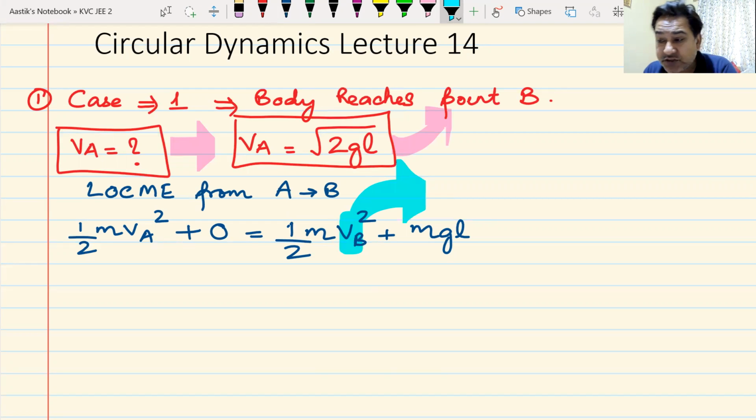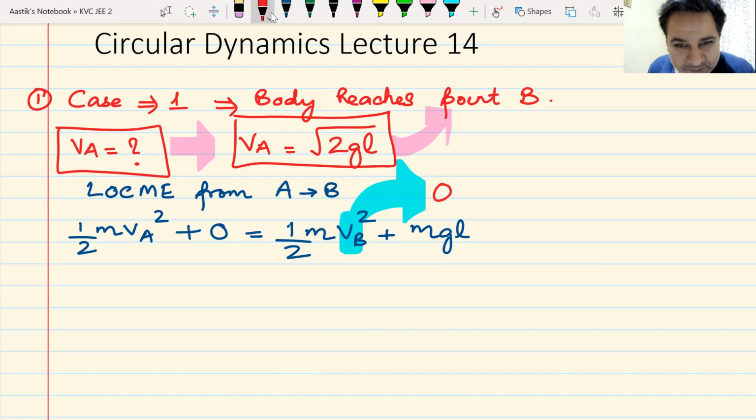It just has to reach point B. What will be the velocity at point B? 0, sir. Yes, 0. Our old friend 0. The velocity at point B has to be 0.